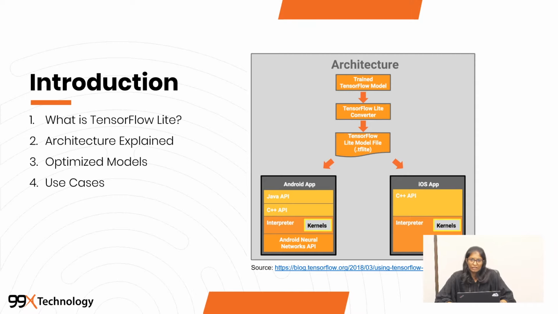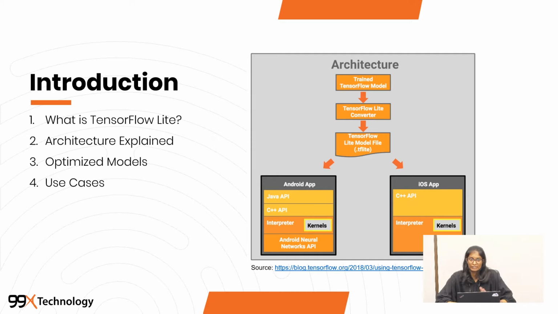Another noticeable thing is that TensorFlow Lite is more focused on optimized models. When it comes to using machine learning in mobile development, one key point is that on the mobile side, you have to think about how to optimize well given battery constraints and computational constraints.